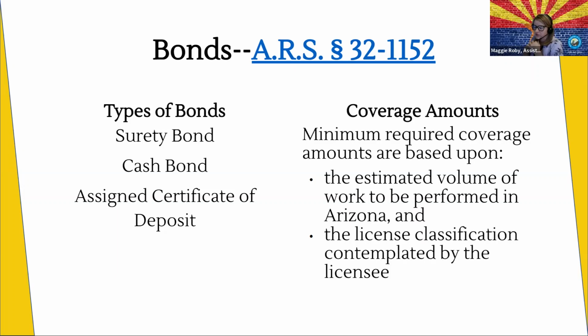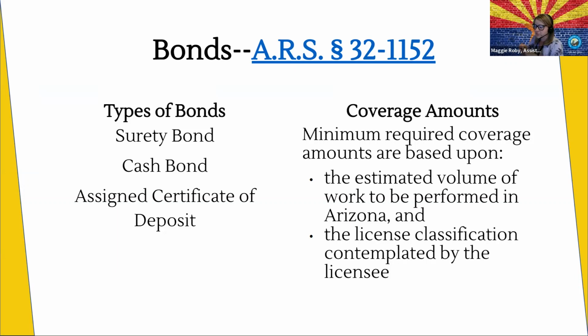There's a couple different types of bonds that we accept. A surety bond, which a lot of times I say is kind of like car insurance. So you pay your premium every month. A cash bond that would need to be submitted either by cash, check, or you can come in and do that. You can mail it into us. Also a signed certificate of deposit.